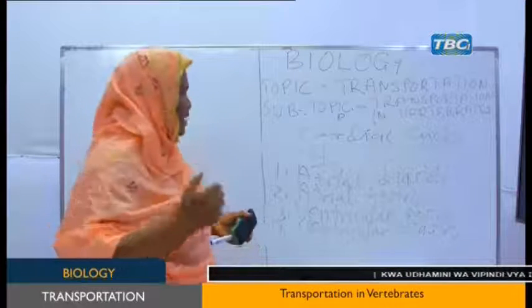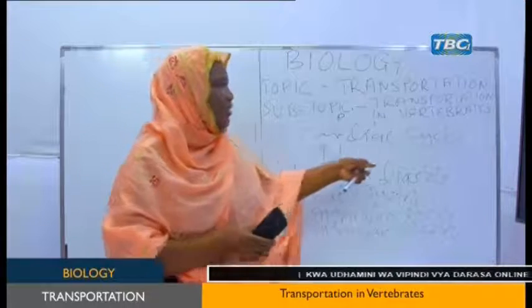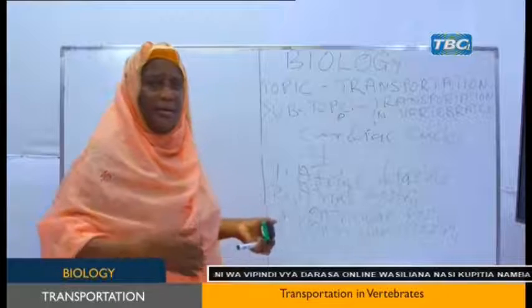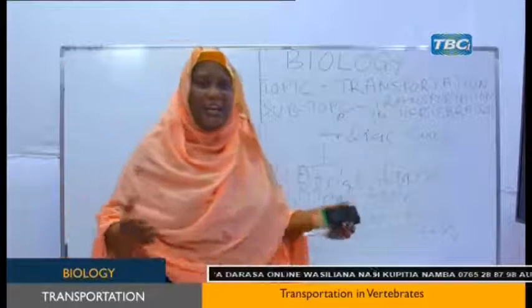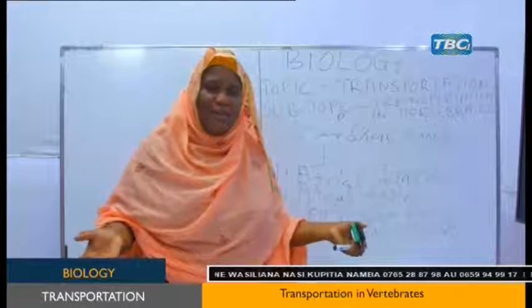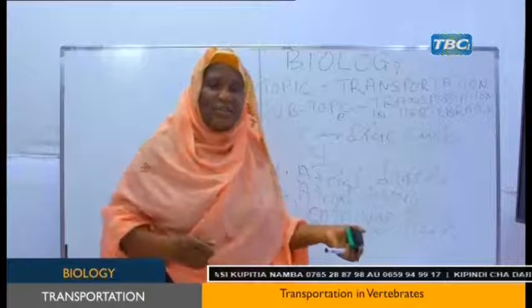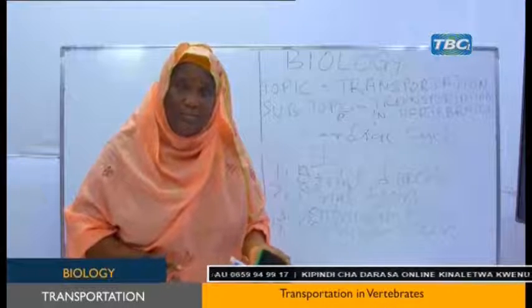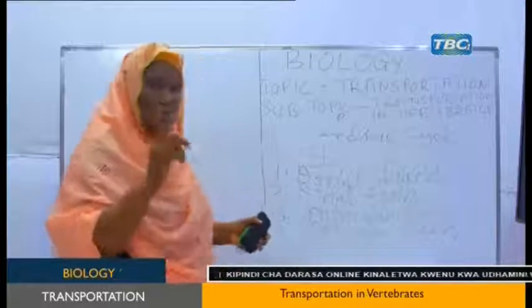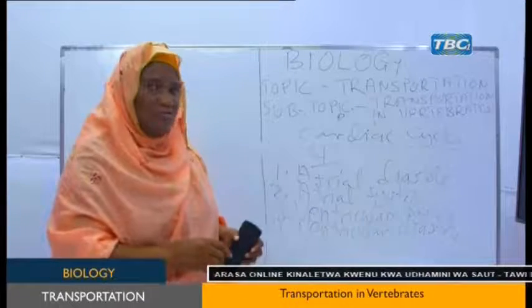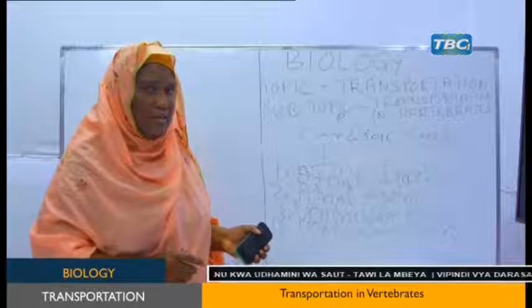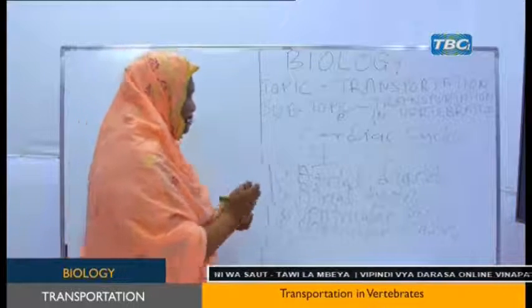Okay, you may realize that diastole is when the heart relaxes. When the heart relaxes, we call it diastole. And when the heart contracts, we call it systole. Let me write here.